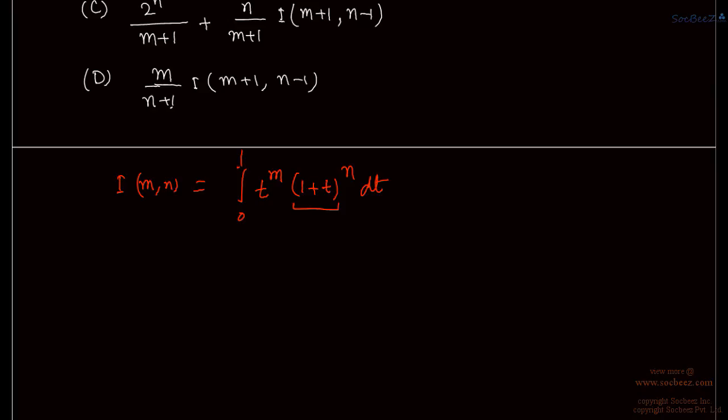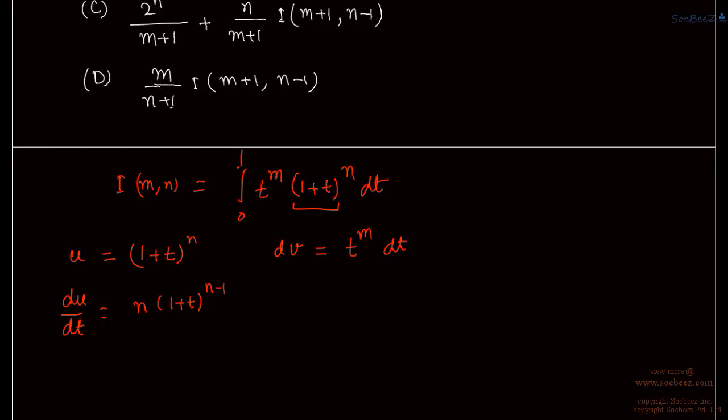We can take the first function 1 plus t to the power n as u and dv as t to the power m dt. Then if we calculate du upon dt, it will be n times 1 plus t to the power n minus 1.